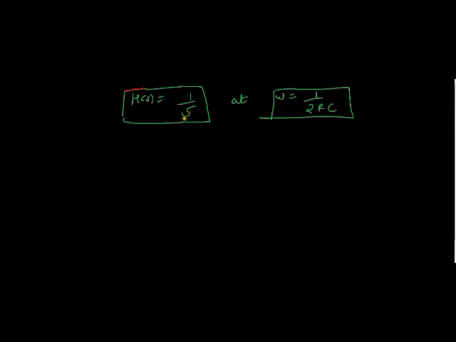So we'll continue. Here H of s is 1 by 5, that is, this is the beta gain at omega equal to 1 by 2RC. At this frequency, the phase condition is met. What we have left is to satisfy this condition, where 1 plus R2 by R1 into 1 by 5 is equal to 1.